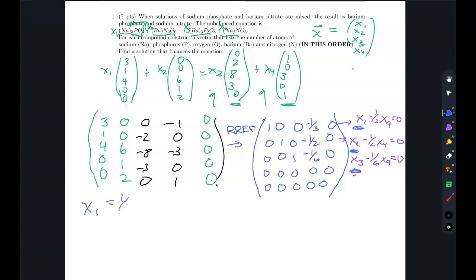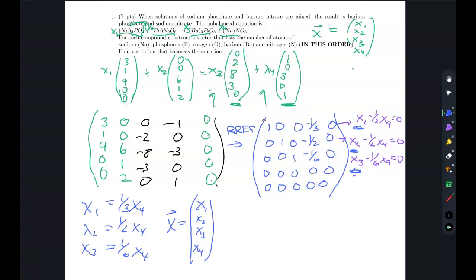x1 is 1/3 x sub 4. x2 is 1/2 x sub 4. And x3 is 1/6 x sub 4. So that I make up the vector x, and I've made mention of this in the videos. It's really useful to just give yourself context. Oh yeah, there's 4 variables, right? Because there's 4 things we're balancing.